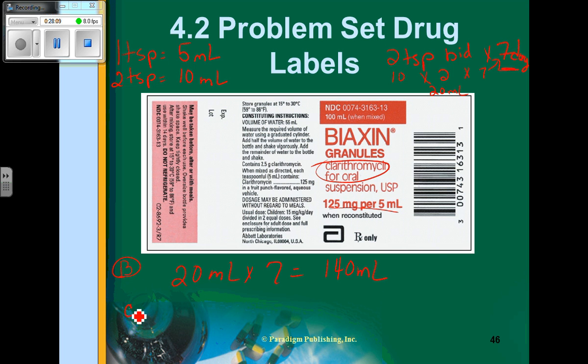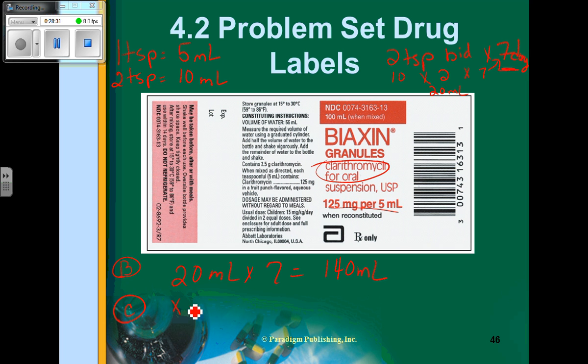C is, how many grams will the patient take daily? With C, we know we're going to have to do a ratio proportion. We want to know how many grams they're going to take daily. You could do your conversion at the beginning or at the end. I like to do it at the beginning.